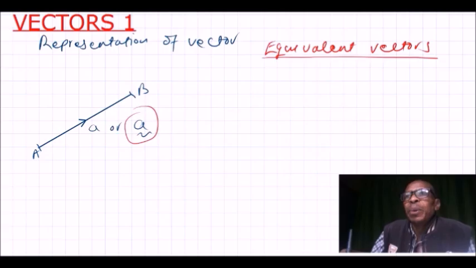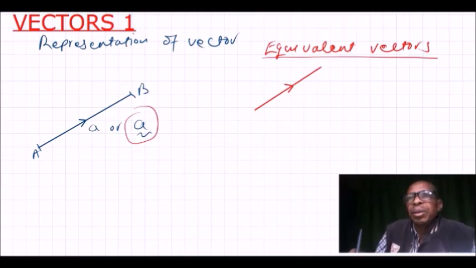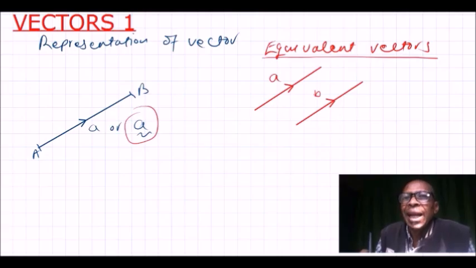For example, if I draw a vector like this, and I have shown the direction, I can call it vector A. Now, if I make another vector here, which is the same as A, and I call it vector B, you can see that vector A and vector B are facing the same direction and they are equal in magnitude, because what I have done here is duplicate vector A.